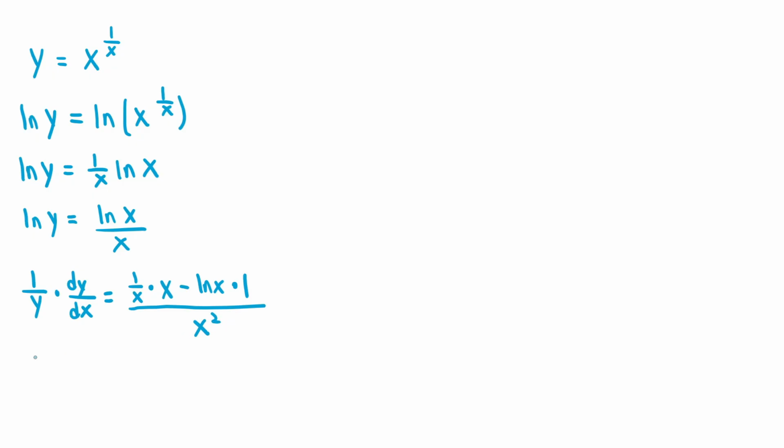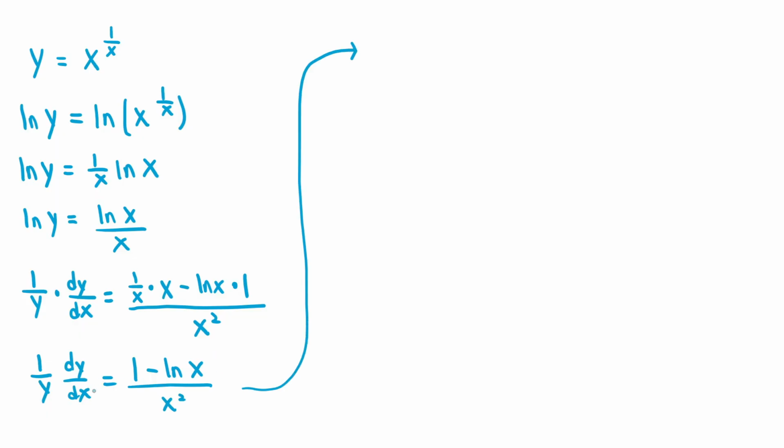If we simplify this expression, we end up with 1 over y dy dx equals 1 minus ln of x over x squared, and I just multiplied 1 over x by x to get the 1, and the minus ln x times 1 just becomes minus ln of x.